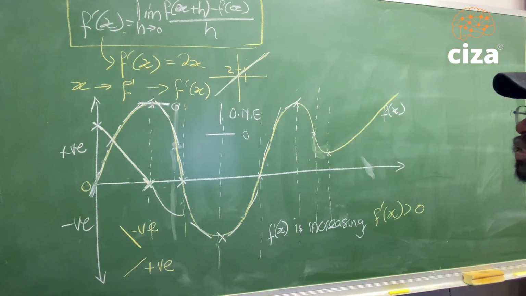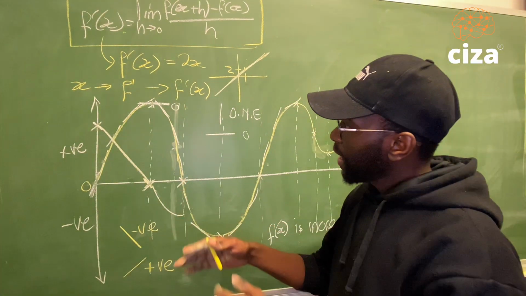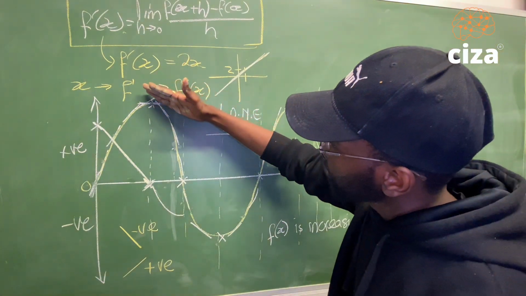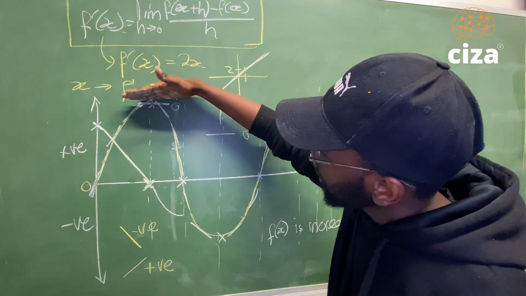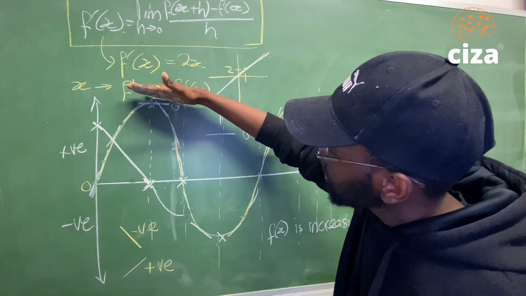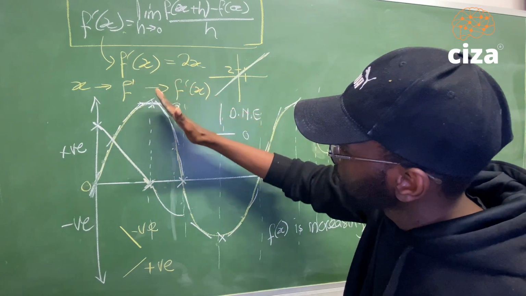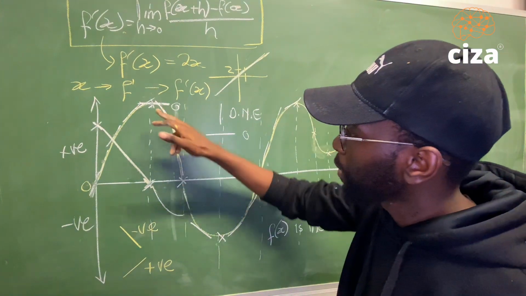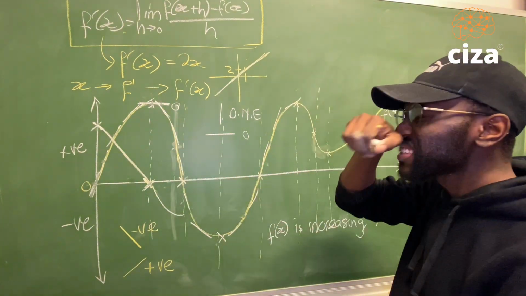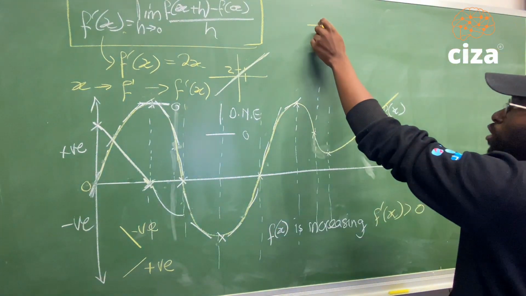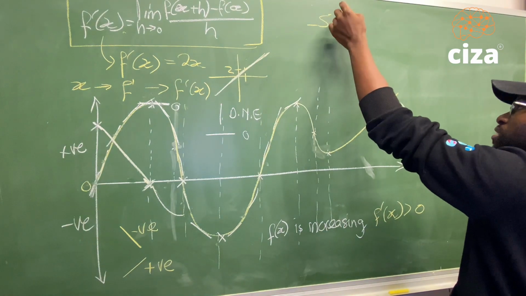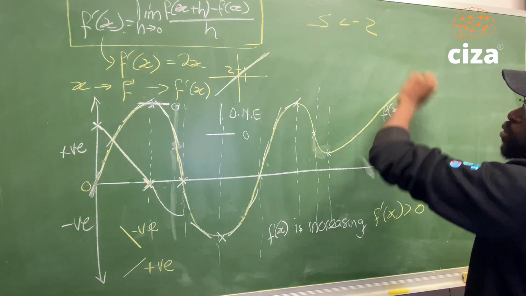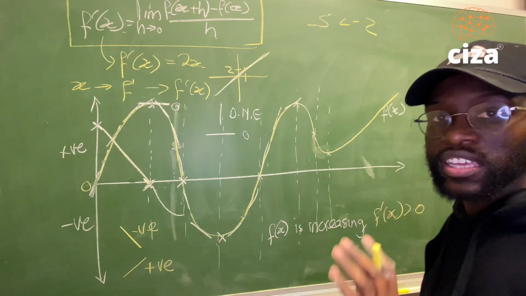Now, this gradient, they started from 0 and started to increase, become larger, but we know that they are negative. I know this is counterintuitive. You'll say, no, -5 is less than -2. I understand that and I agree with you.